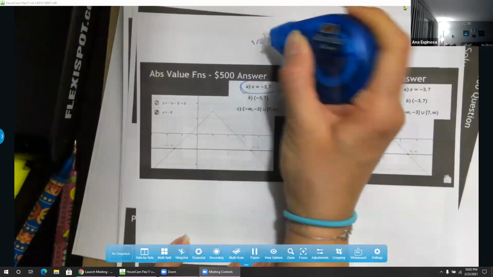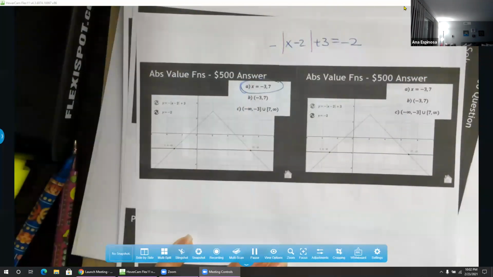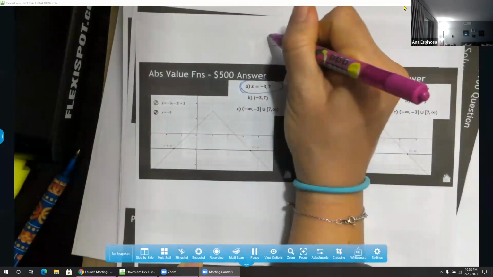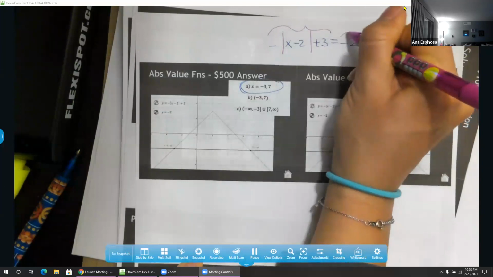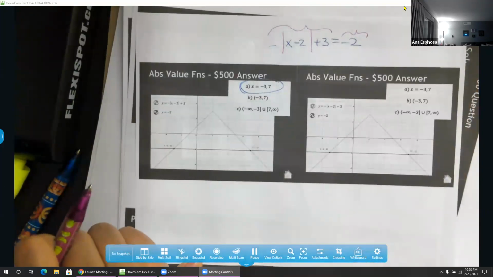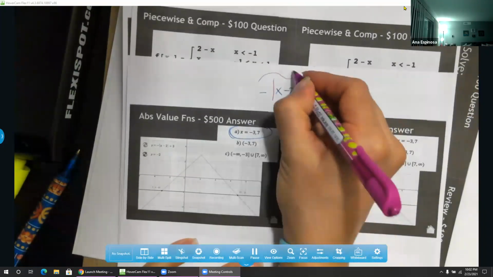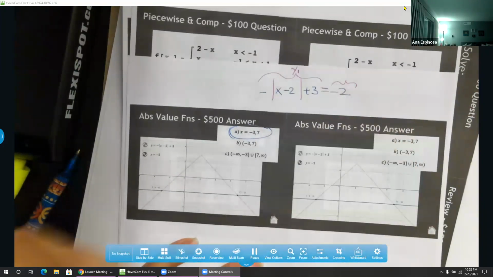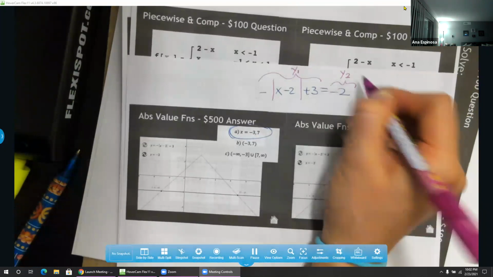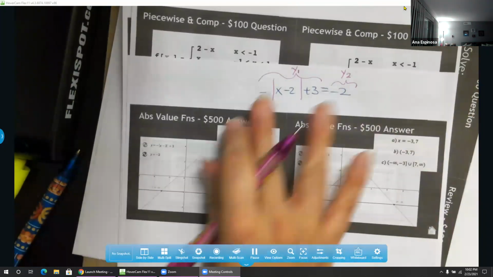Not here. When you are solving these graphically, this is what it's saying. It's saying, where does this graph meet this one? So what you do is you plug in this entire equation as y1 in your calculator, and you plug this in as y2 in your calculator, and you see where they meet.